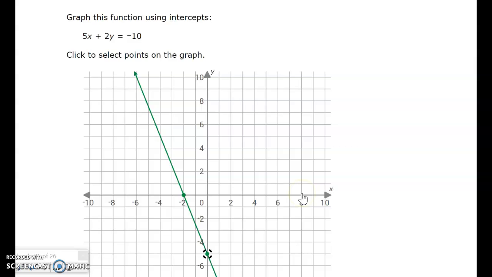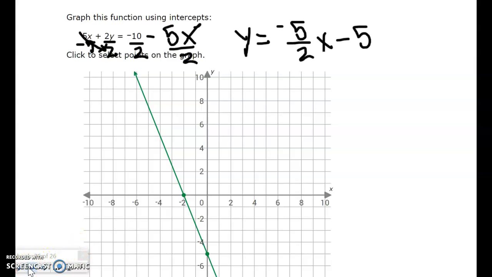All right, so we have two methods, once again, for graphing lines that are not in slope-intercept form. We can rewrite them by moving everything to the other side of the equation, so y is by itself. In this case, we got y equals negative 5/2 x minus 5, and then graphing it like we were.